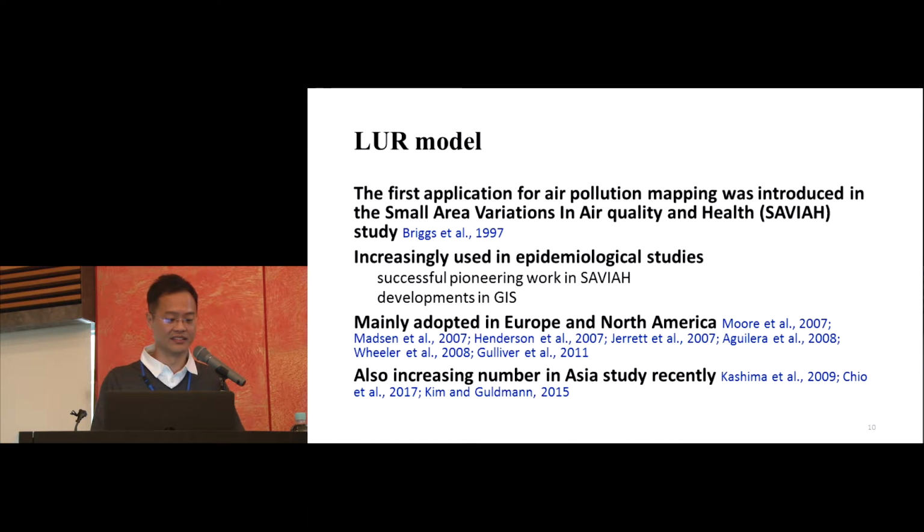And second, the development in GIS, not only the software, but also the geographic data. After that, it was mainly adopted in European and North American studies. Right now, the number is also increasing in Asia, which includes Japan, Korea, China, even Thailand and India. We can find some related studies in Asia.